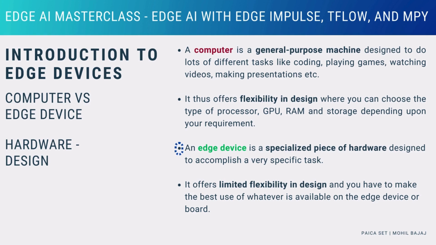An edge device, on the other hand, is a specialized piece of hardware designed to do one specific task, and it thus has very limited flexibility in design. You cannot change the processor or the RAM or the storage on an edge device, though some devices may allow you to add external devices to supplement these capabilities.